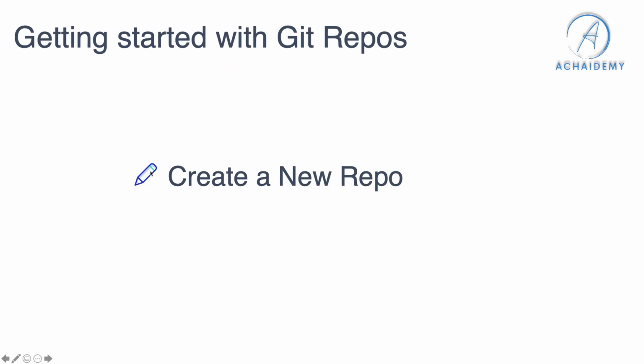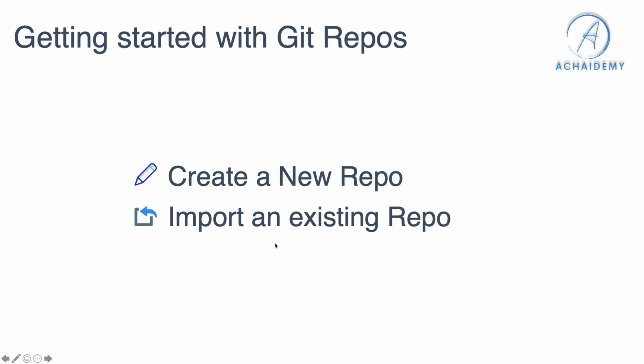The second option to create a Git repo in Azure Repos is to import an existing repository. In this option, you basically import an existing Git repository from platforms such as GitHub, Bitbucket, and others into the Azure Repos.